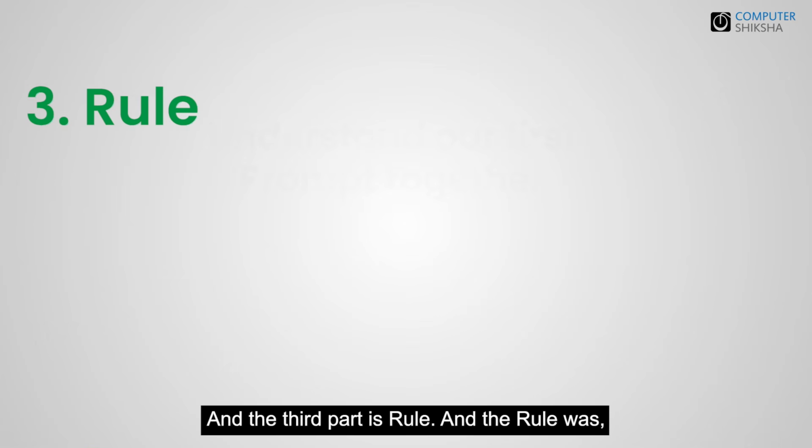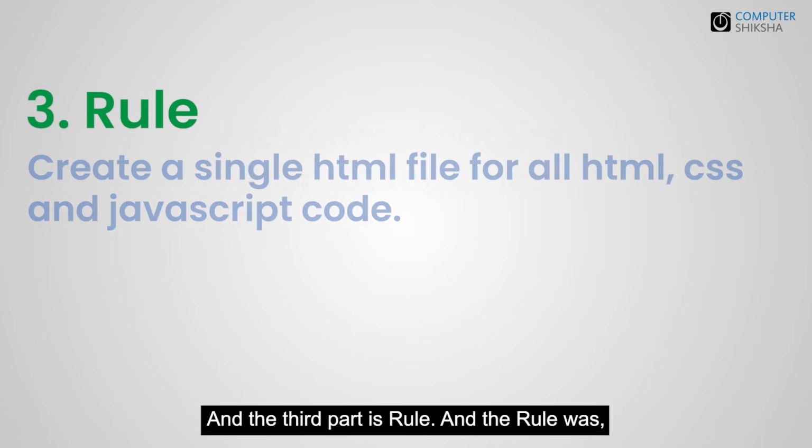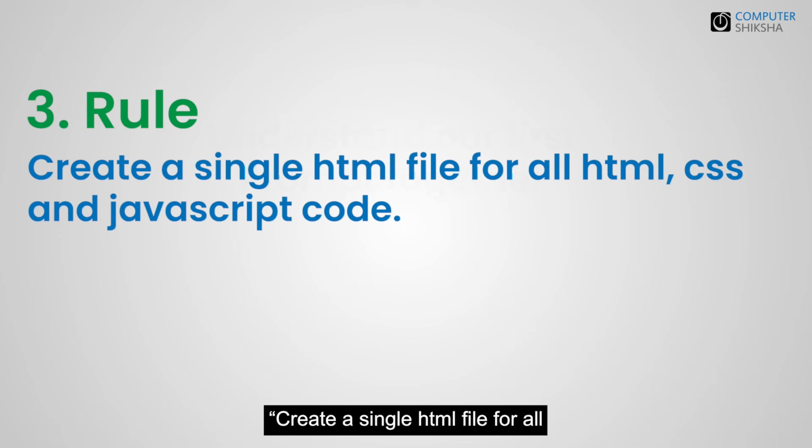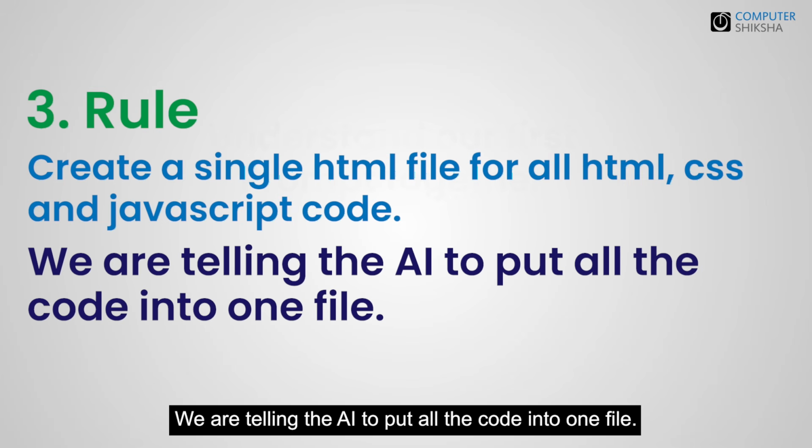And the third part is rule. And the rule was create a single HTML file for all HTML, CSS and JavaScript code. This tells the AI how to do the task. We are telling the AI to put all the code into one file.